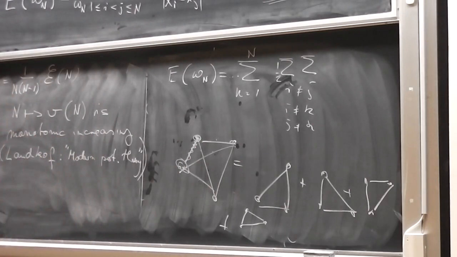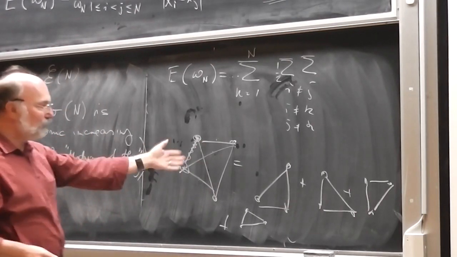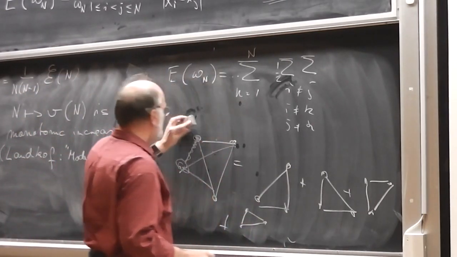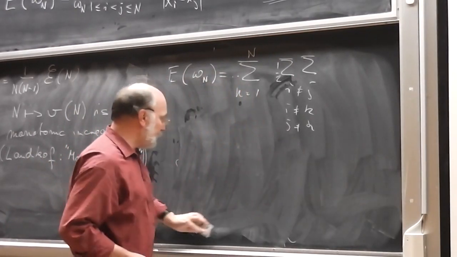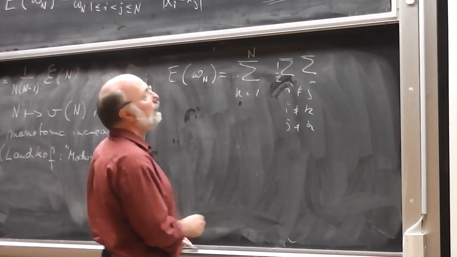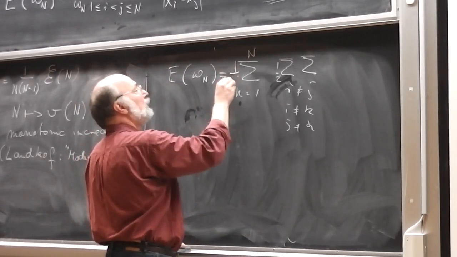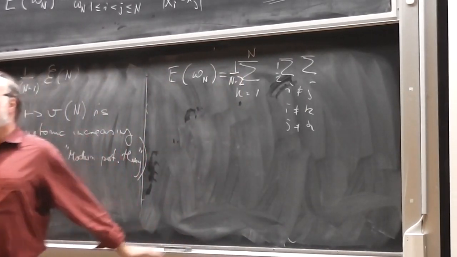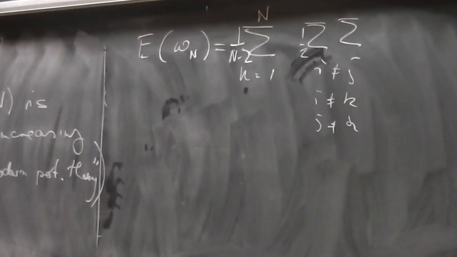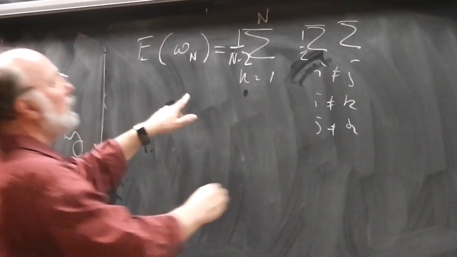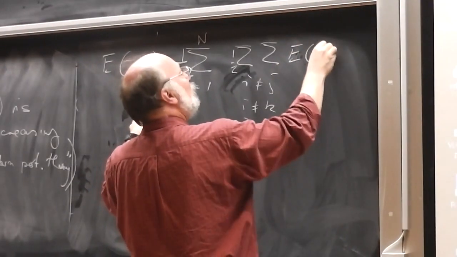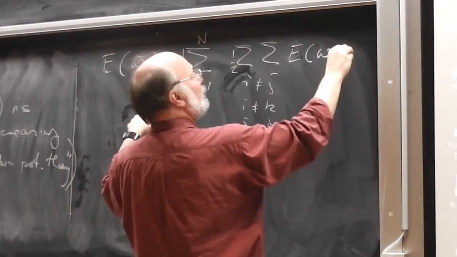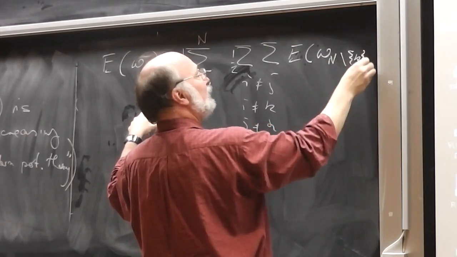So there should be a 2 involved, even though this is, of course, a picture with only 4 points. So in total I'm overcounting here, in fact, by n over 2, and I have to correct it for that. And then here, of course, this is the E of omega n, and I should say without the kth particle, right?